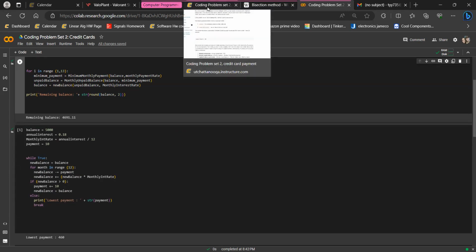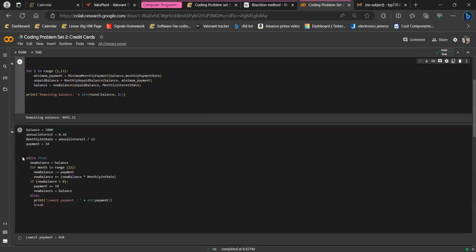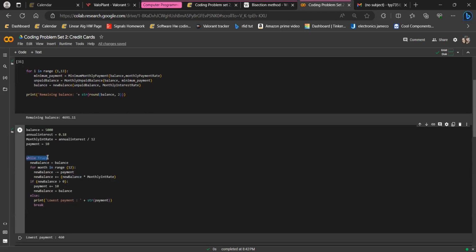Something that I had to learn in this was that you can create infinite loops with this while true, which I didn't know you could do. I can't recall doing something like that in Java without doing recursion. So I suppose this is kind of similar to recursion in that way.